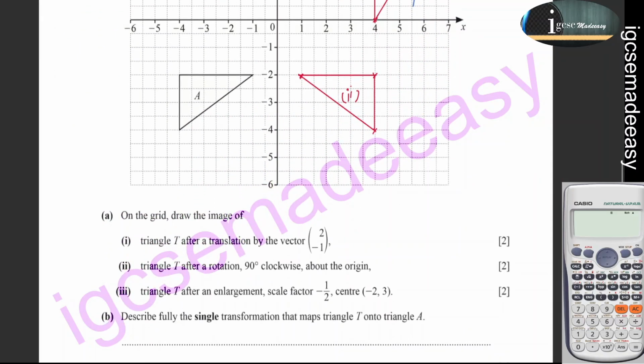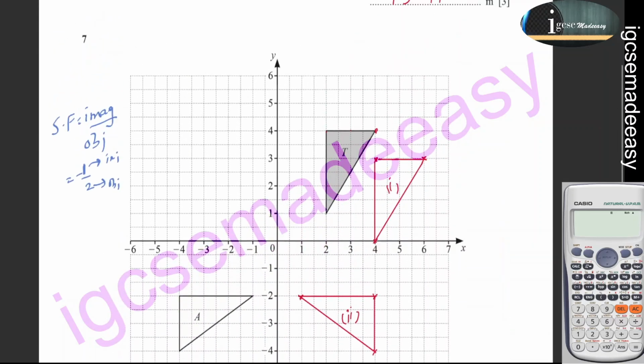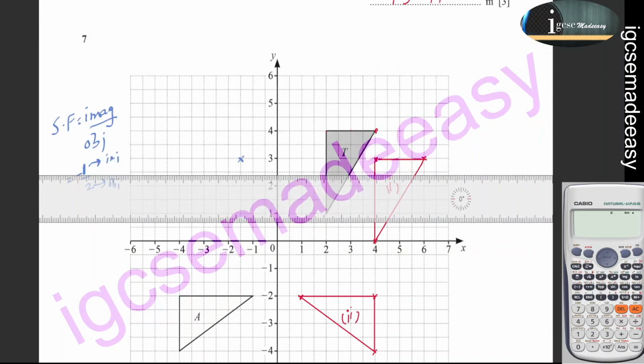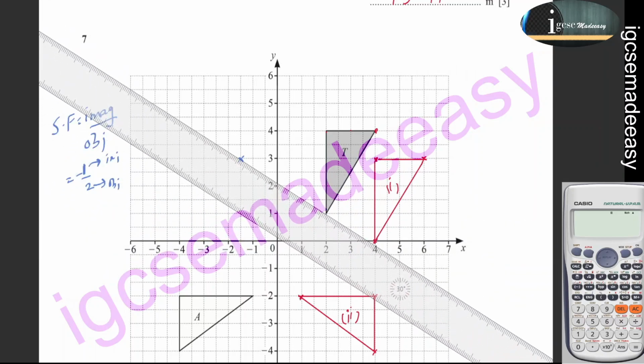Let's find out the center of enlargement, that is -2 comma 3. So -2 is here, and -2 comma 3 will be here. Let's draw the line. We have to draw all the 3 points joining from here.